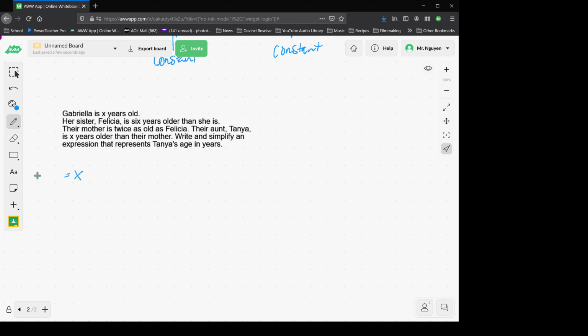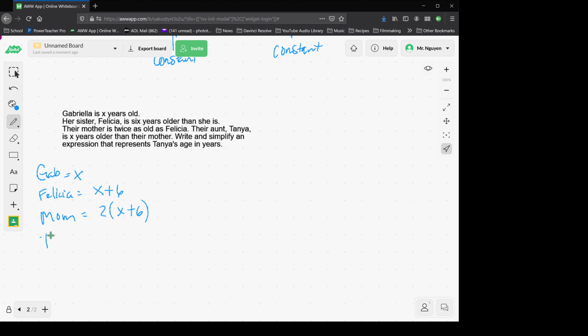So let's do a bit of a chart here. This is Gabriella. Felicia is 6 years older than she is, so that's Gabriella plus 6. Their mother is twice as old as Felicia. So this is mom here. We have Felicia's age, and I'm going to multiply that by 2 because that's how old mom is, right?